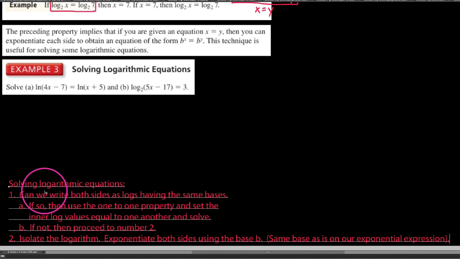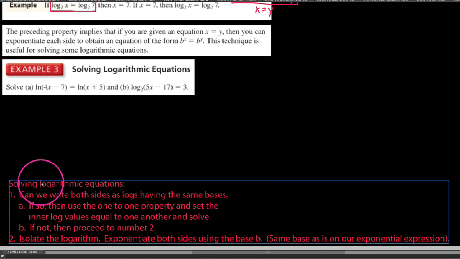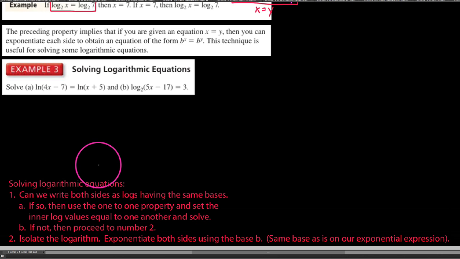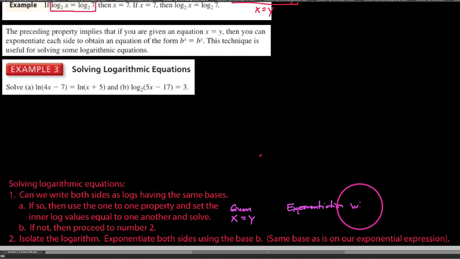Still I haven't explained exponentiation, so let's take a look at what I mean by it. Exponentiation says that if we have two expressions, x equals y, and we know they're equal to begin with, then our exponentiation with base b would be b to the x equals b to the y.